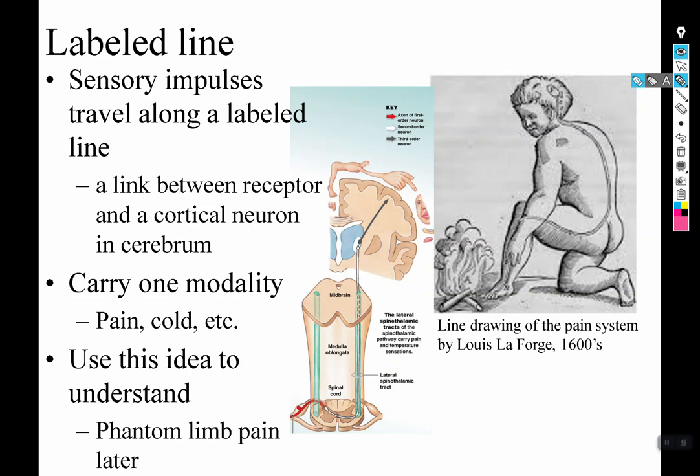So when I say labeled line in sensory impulses, what I mean is the way that the body knows that you are, for example, sensing pain in your foot, like in this old illustration, is because a pain fiber and a pain receptor are activated in this part of the foot, and that line is labeled pain foot, specifically that part of the foot. So it's a fiber for pain, and it is specific to this region of the foot.